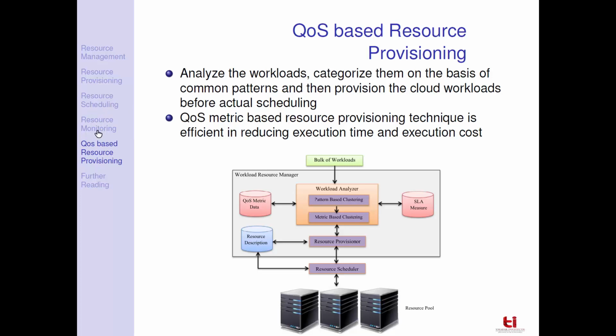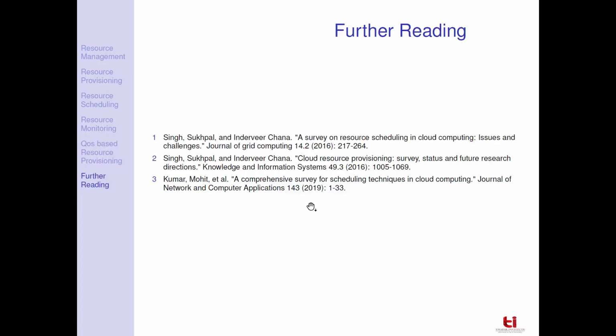Then we went on to see what resource monitoring is, which is very essential, that is, to continuously monitor the resources during the execution of the workload. And finally, we saw QoS-based resource provisioning and how it is known to reduce the execution time and execution cost. Thank you.